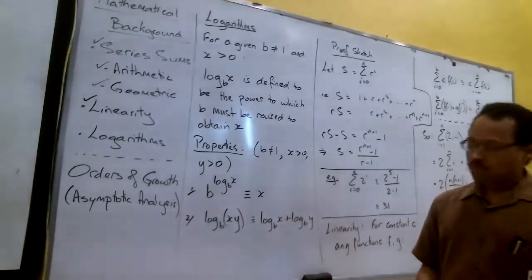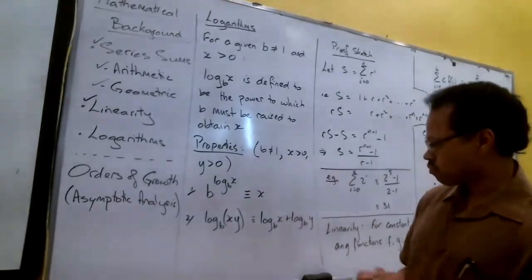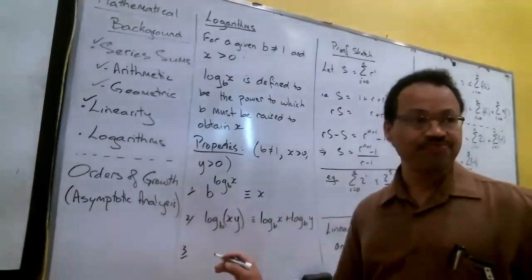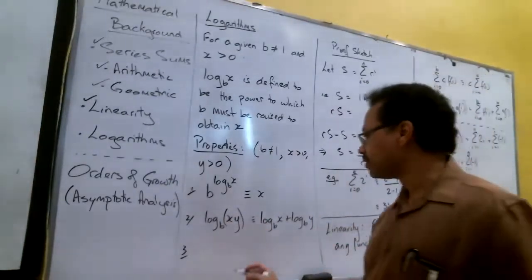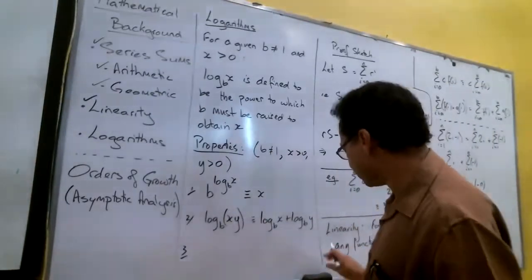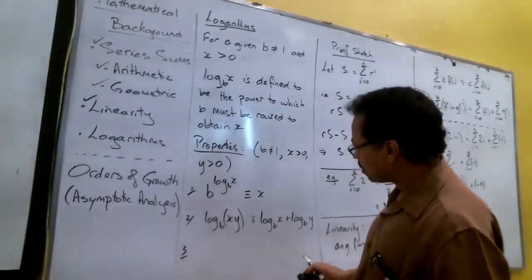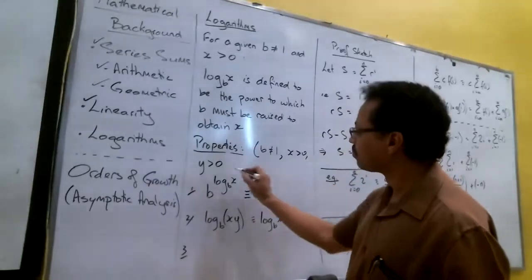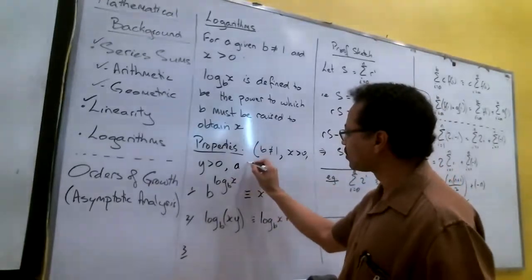Likewise, this next property is a corollary of this. Let me just introduce an a. So a is an integer.